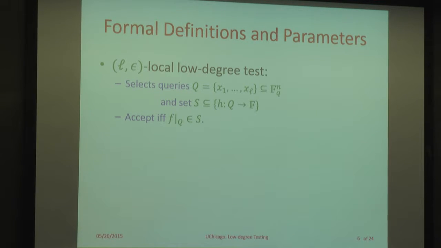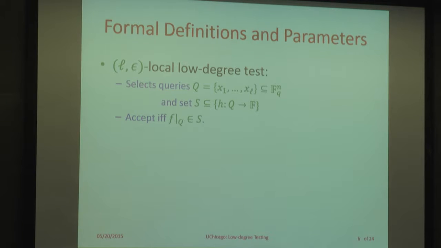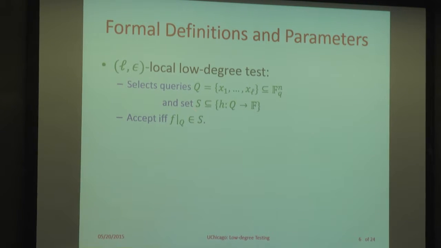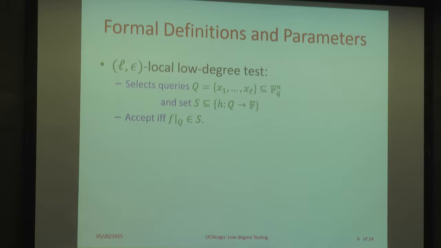Locality to me just means the size of the neighborhood, how many points I have looked at the value of the function. So I am going to look at the function restricted to the set Q, and I am going to accept some subset of these functions and reject others. The set of functions that are being accepted is this set denoted by capital S. So some things I will accept, others I will not.